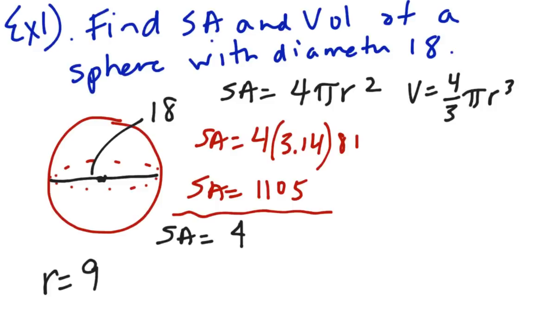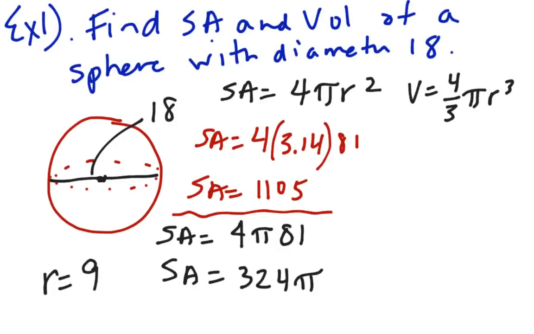So if I leave my pi instead of converting it to 3.14, then I'm just simply multiplying 4 times 81 and getting 324 pi. Some people think that you can do that because pi is a variable, but it's not. Pi is a number. But you can use the symbol pi to represent the number 3.14 without having to, especially if you don't have a calculator handy. If I don't tell you in the instructions one way or the other, then you have that option.